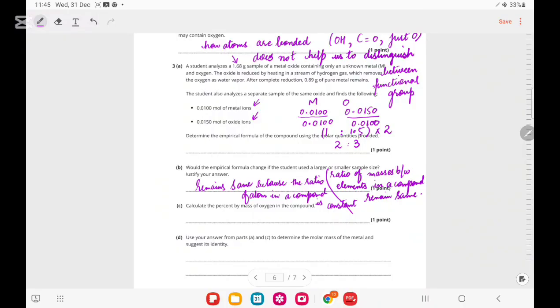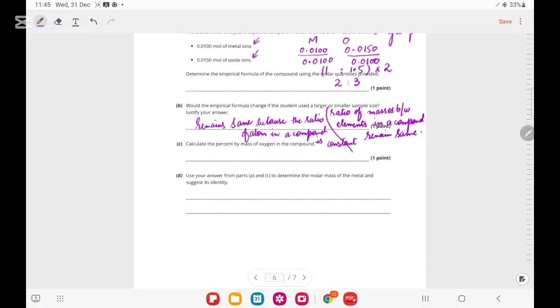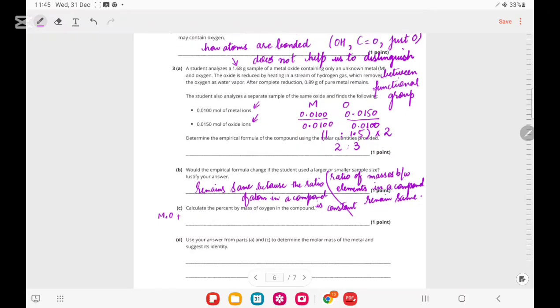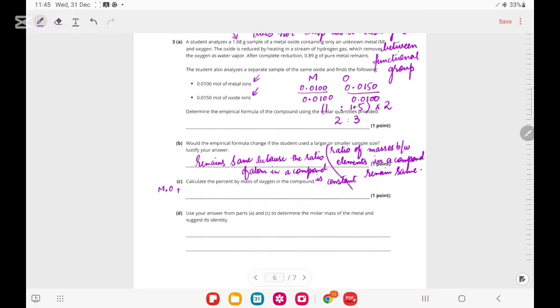For example, this was a metal oxide, and when it is reacted with hydrogen, then what happens? Only the metal remains and water is formed. So we have to calculate the percentage by mass of oxygen.